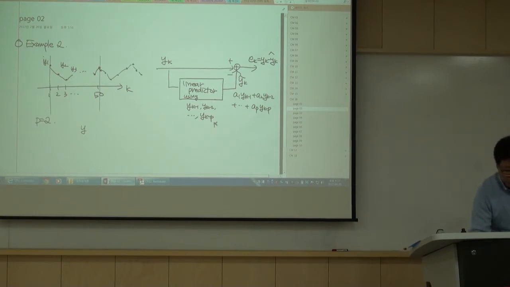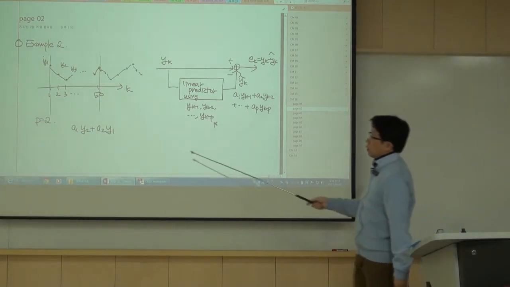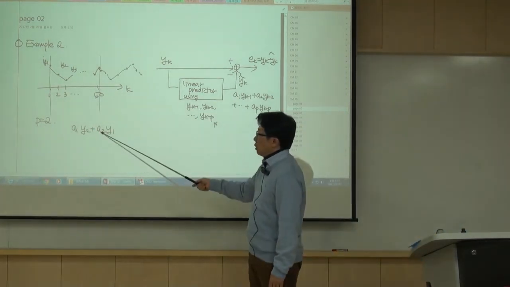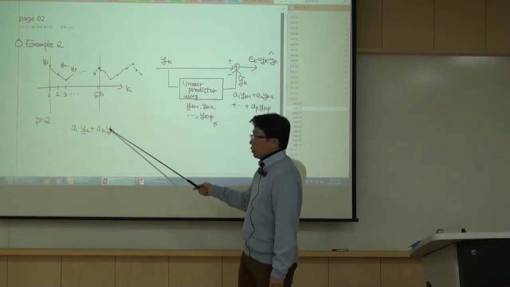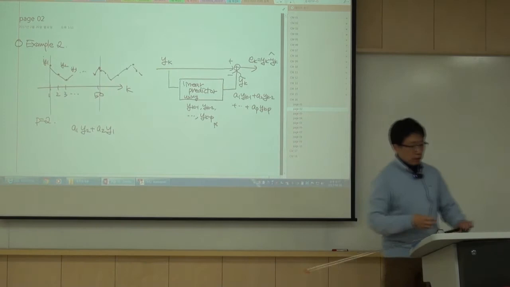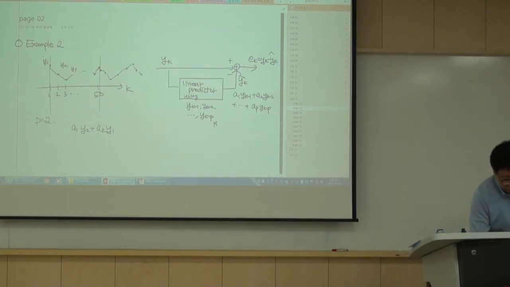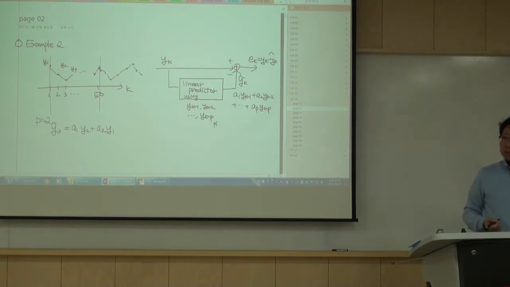So you have two coefficients to find, and you combine y1 and y2 to predict the next value. Am I right?